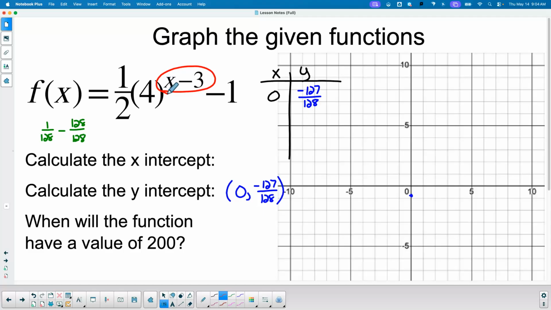If I want the exponent to be 0, then x is 3. 3 minus 3 is 0. 4 to the 0 power is 1. 1 times 1/2 is 1/2. 1/2 minus 1 is negative 1/2.